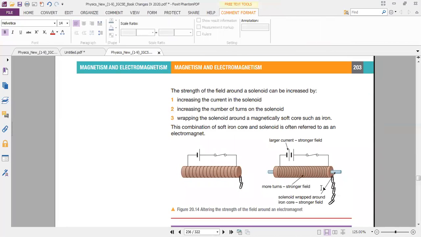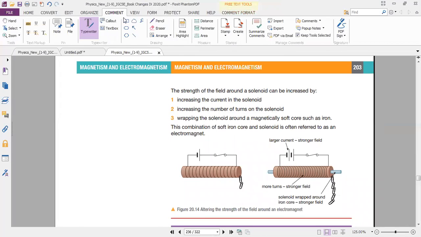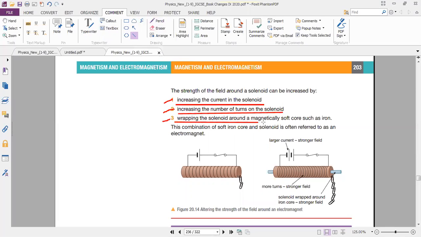And the strength of the solenoid can be increased by using the following procedure: increasing the current, increasing the number of turns of the solenoid, and wrapping the solenoid around a magnetically soft core such as iron. Very important points. Why iron?